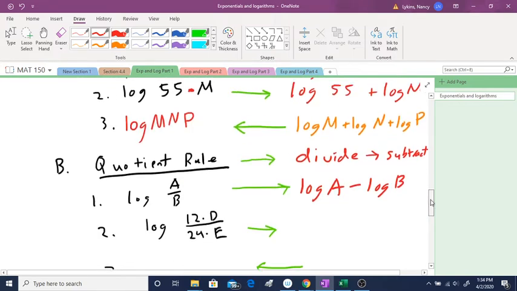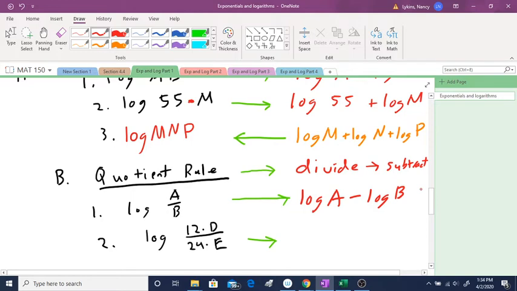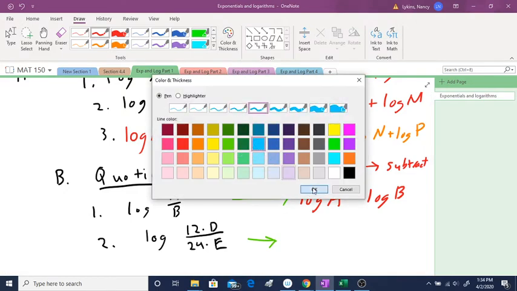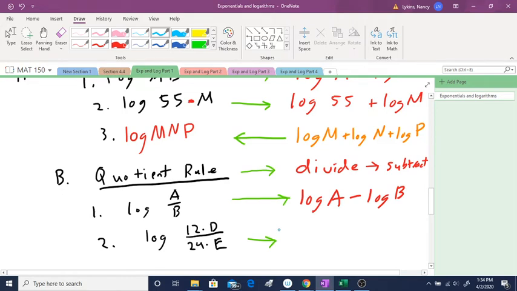Now on number 2 right here, we're going to combine the quotient rule and the product rule. So let's look at this carefully. I'm going to take log 12 and I'm going to separate it by log d.